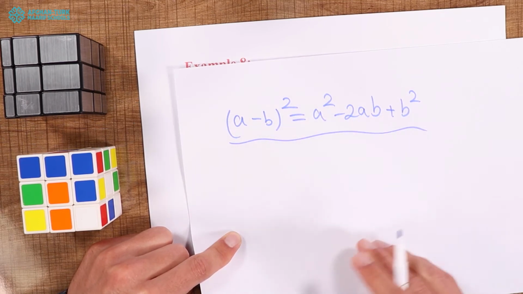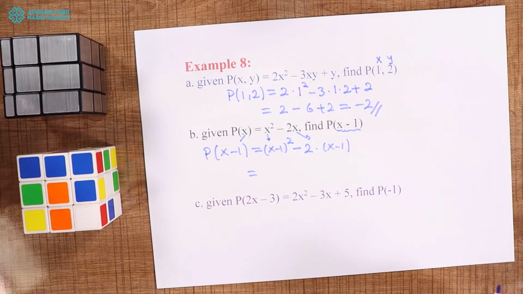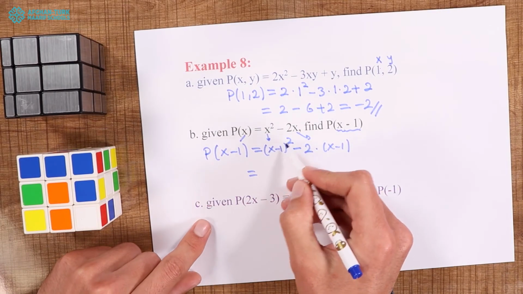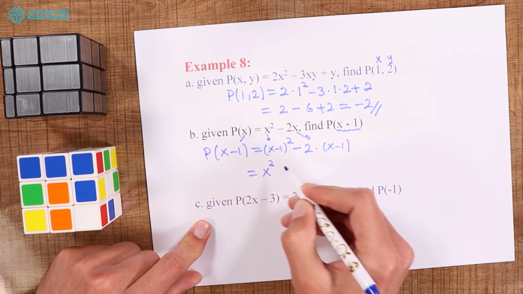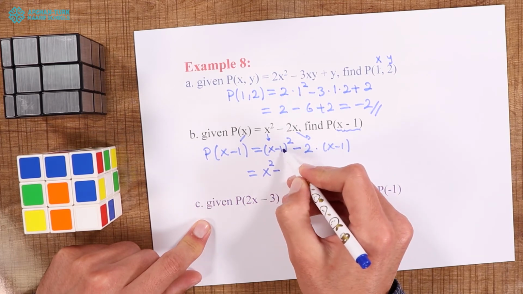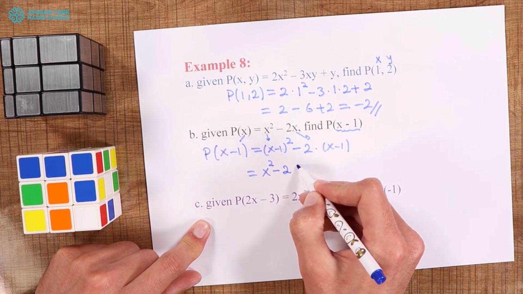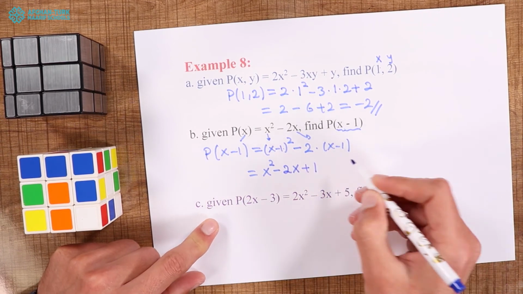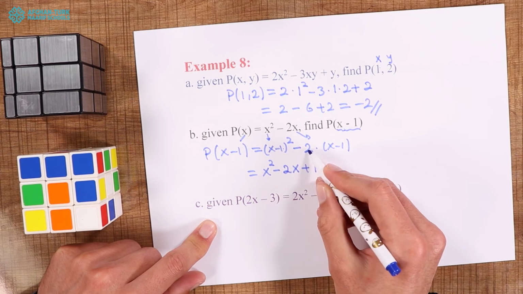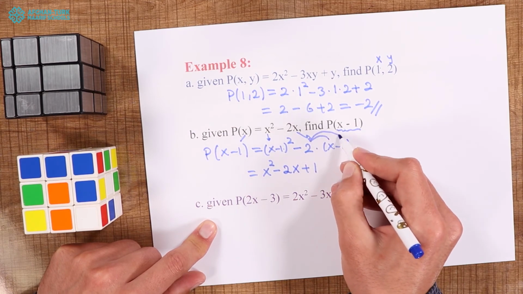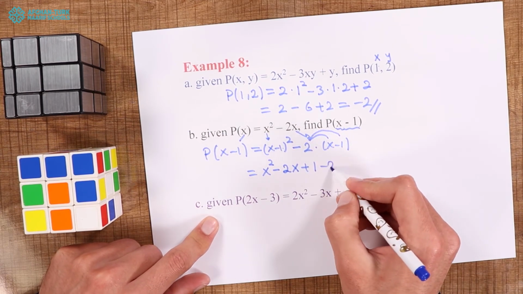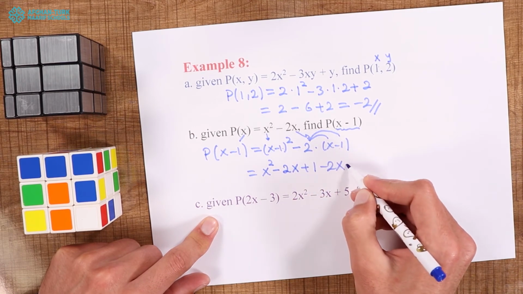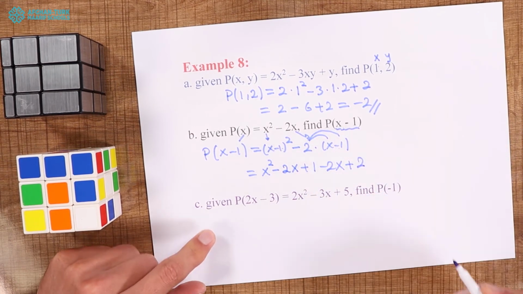By this identity we can solve this question. So this will be x squared, minus 2ab will be minus 2x, minus 1 squared will be plus 1, and also in here we have minus 2 times x minus 1. We distribute 2 and the parentheses will be minus 2x, minus times minus will be plus 2.